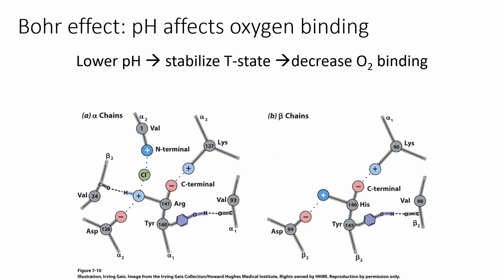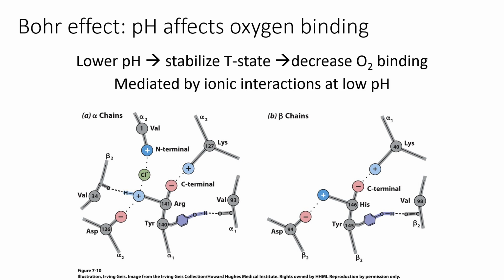In a lower pH, these basic amino acids will have these charged states, and then we'll form these salt bridges that we see on the lower part of this figure. And overall, those salt bridges will help to stabilize, again, the T state of the hemoglobin, which will decrease oxygen binding and, again, allow for cooperativity. And so, again, this is mediated by these ionic interactions that we see drawn here below.